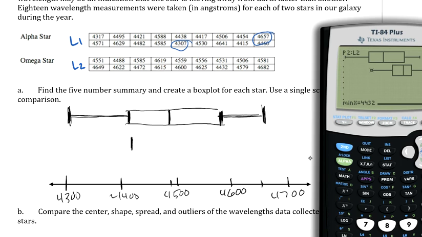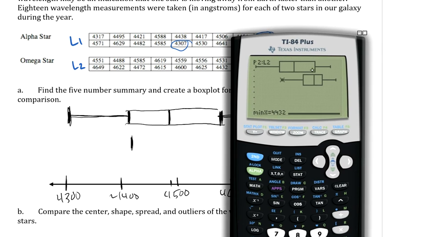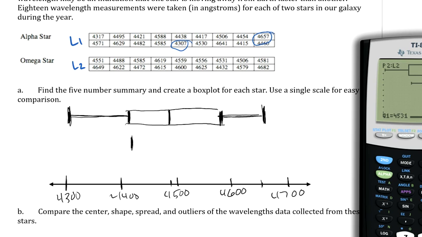And I can see on my calculator that that whisker is basically where the other one's starting. Now I'll go over, and Q1 is at 4,531. So here's Q1. And then I'm at the median, 4,580. Just close to right here.